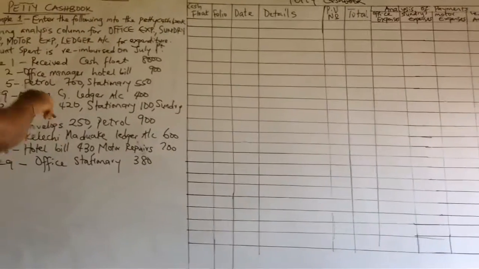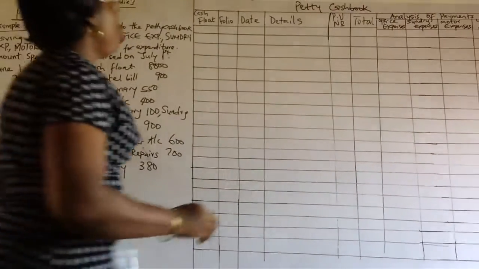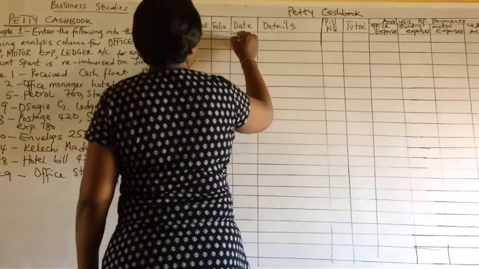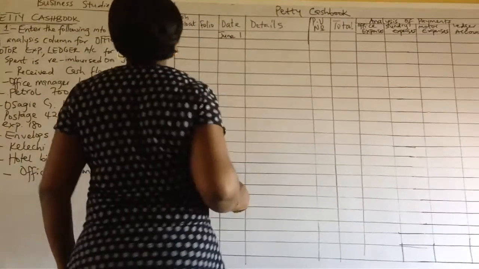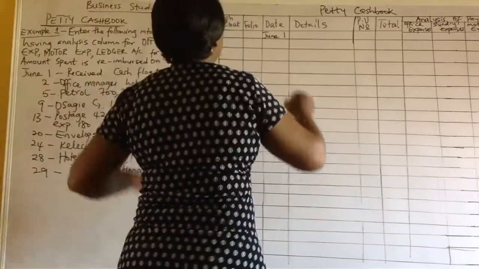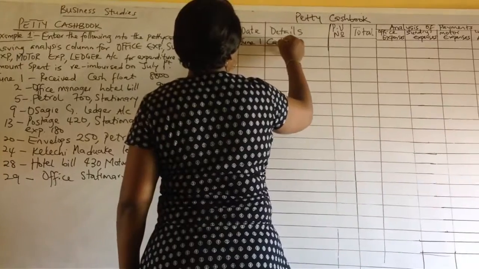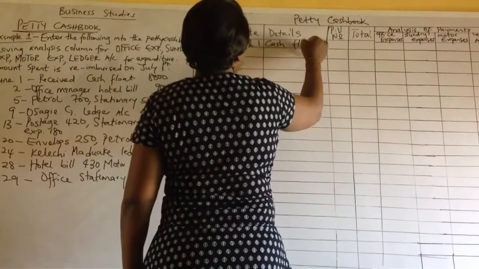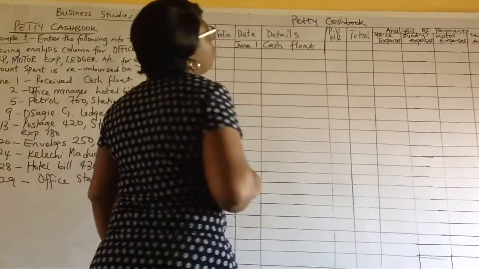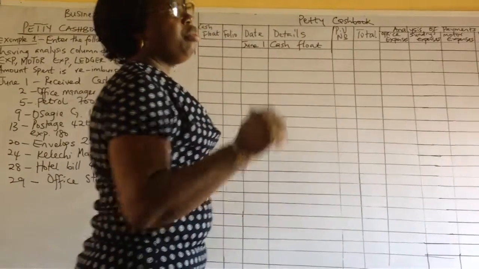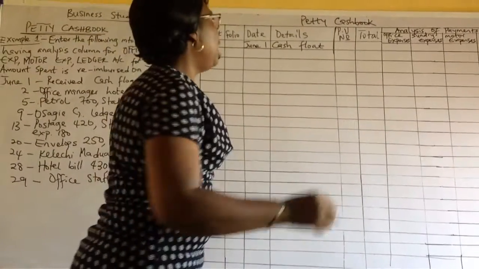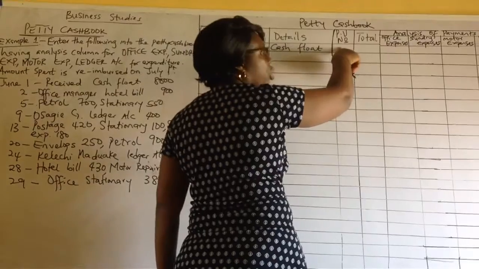The first entry here is June 1st. You put it in the dates. You have June 1st. The detail there is your cash float. Since it's the money given by the main cashier to the petty cashier, it has no PV number.